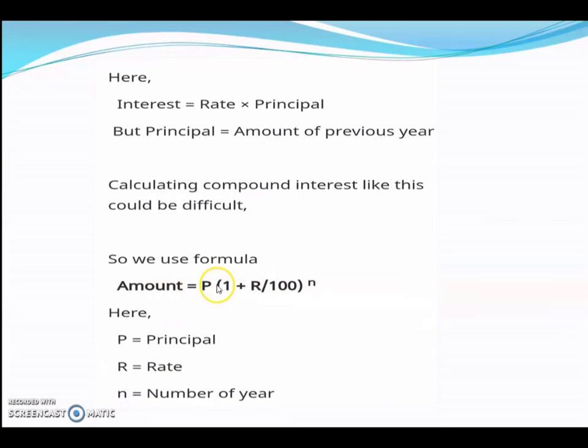Amount is equal to P into (1 plus R by 100) whole raised to the power of N. Here P is the principal, R is rate of interest, and N is number of years. So using this formula, you can find the amount. If you have amount and principal, you can find interest by subtracting both. Amount minus principal will give you interest.